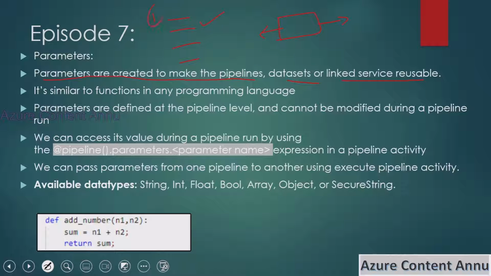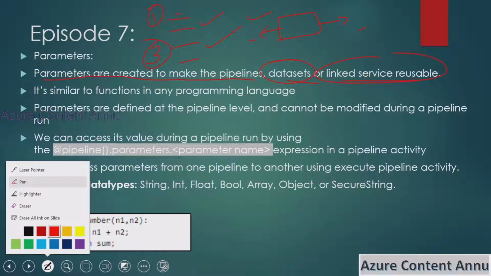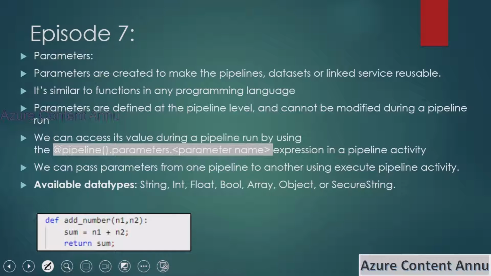When I need to copy the first file, I will give this file name in the input dataset parameter, and we will provide the destination table name also during the runtime. Similarly, the same copy activity can be used to copy the third file. We just need to provide this file name during the execution of the pipeline. Not only datasets, we can parameterize linked services also. Don't worry about it. We will see these scenarios practically as well.